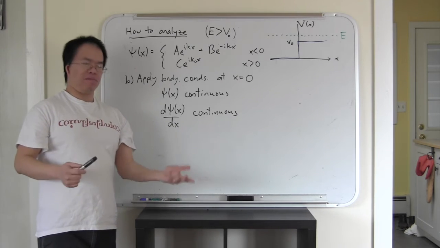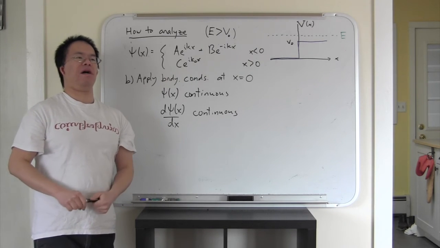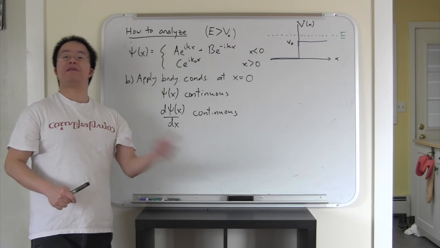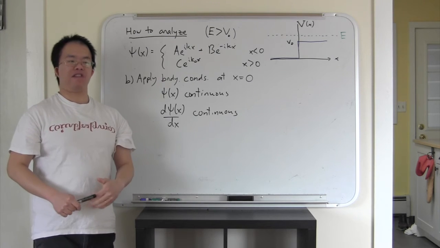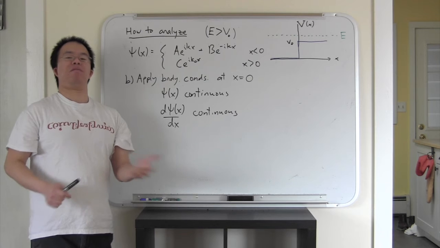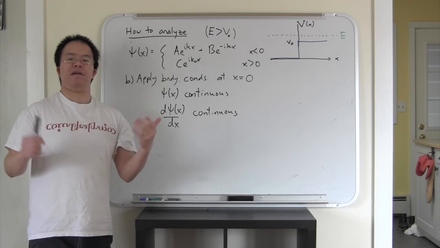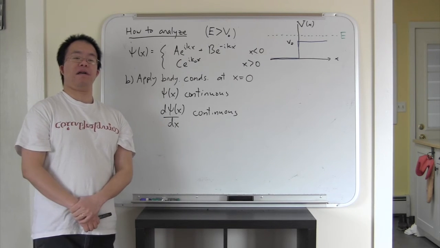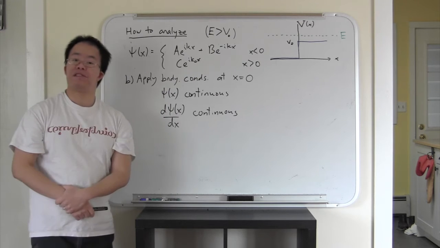But it is solvable, at least for thinking about the probability of transmission or reflection, even if we can't have a normalizable solution. These solutions aren't normalizable.